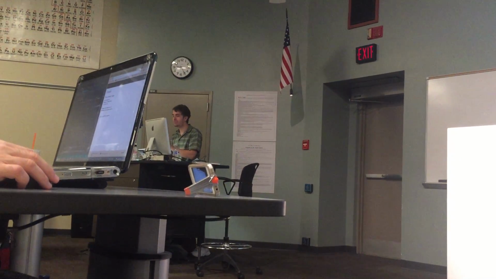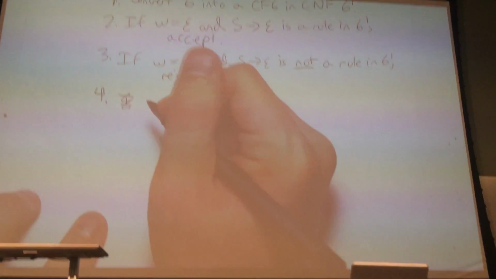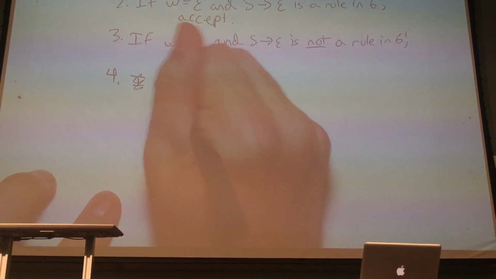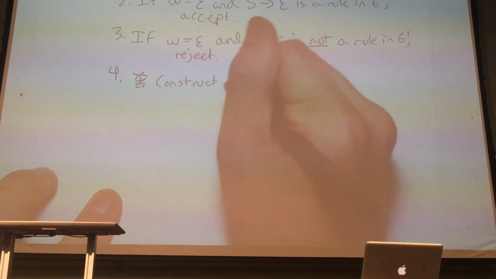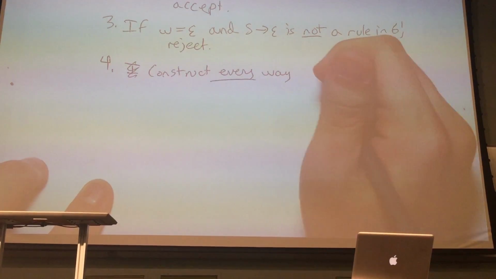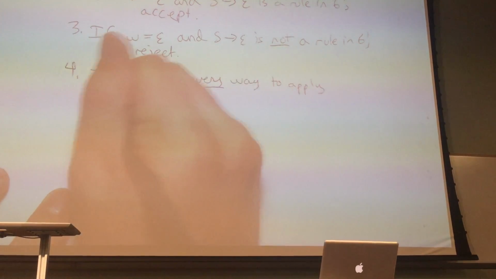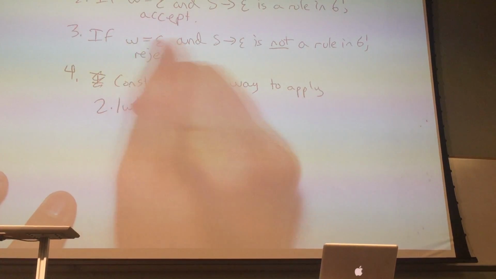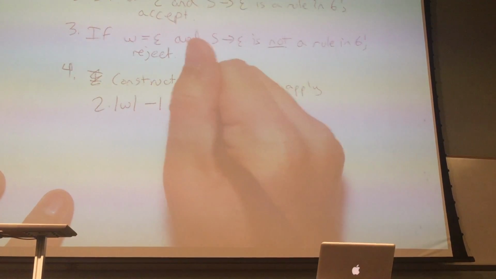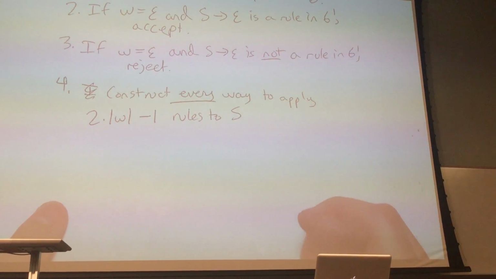Remember, we don't care about efficiency. So construct every way to apply 2 times the length of W minus 1 rules to S, the start variable.